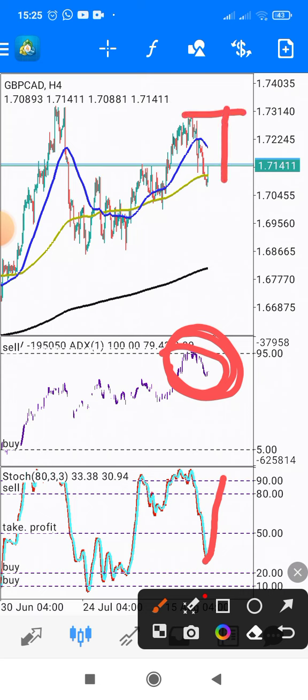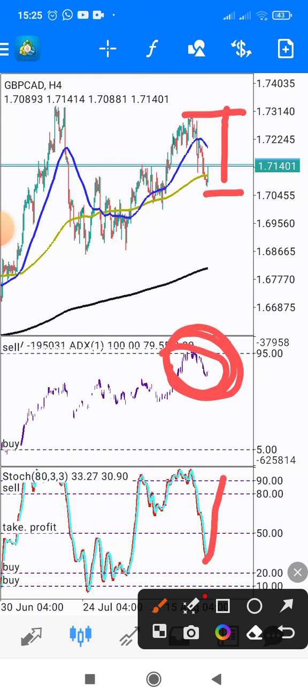Look, at this level, 1.70455, then the other one is stop loss is going to be at 1.73140. That one is too much.